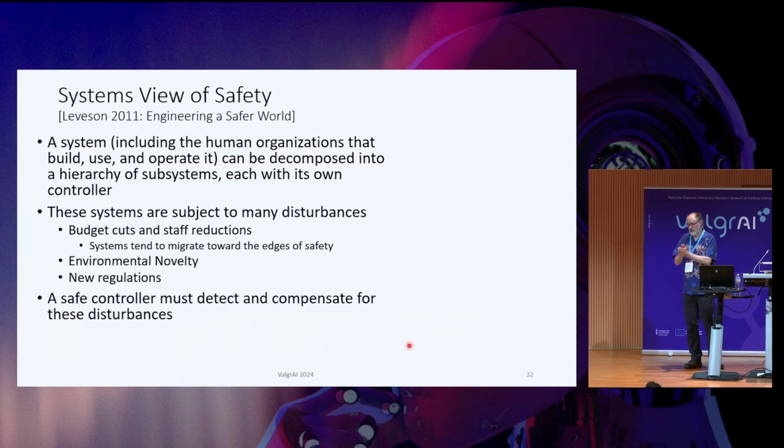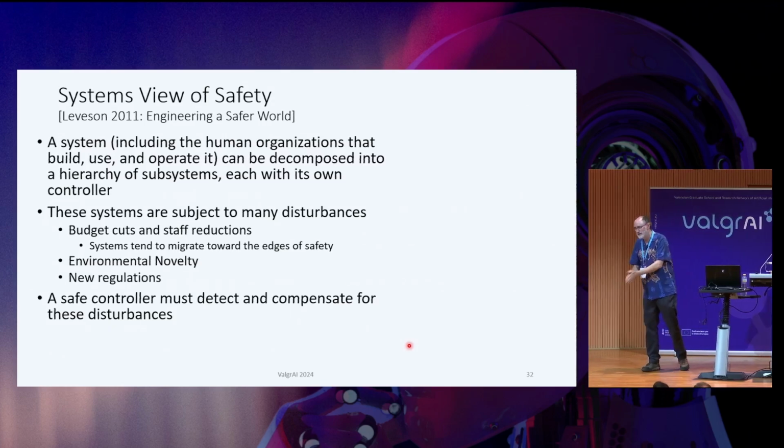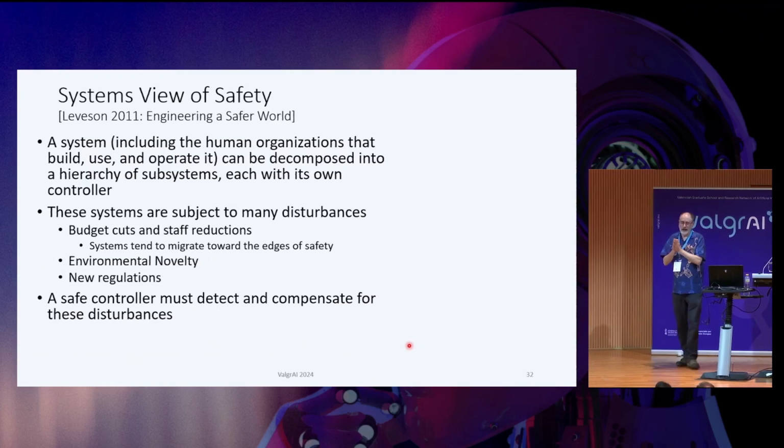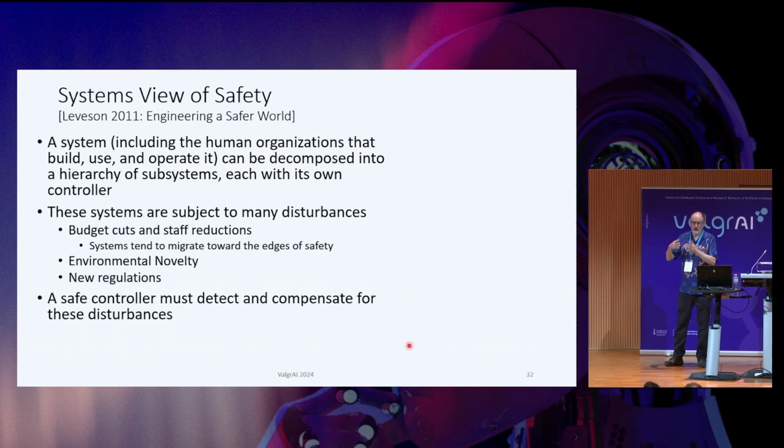In particular, we think of say the operators of a nuclear power plant or the operators of an aircraft as needing to maintain the safety of the system in the face of disturbances of various kinds that can occur.